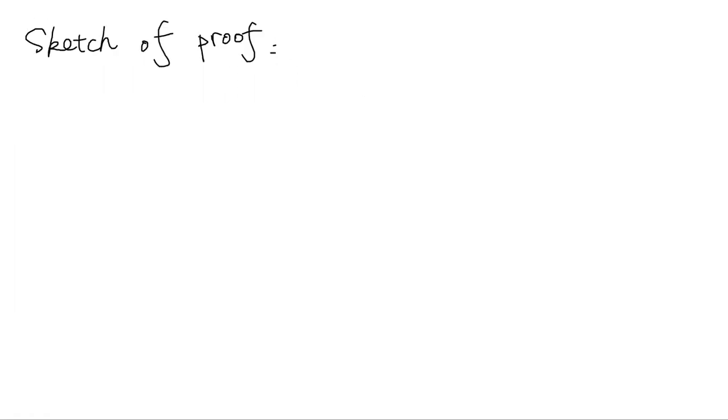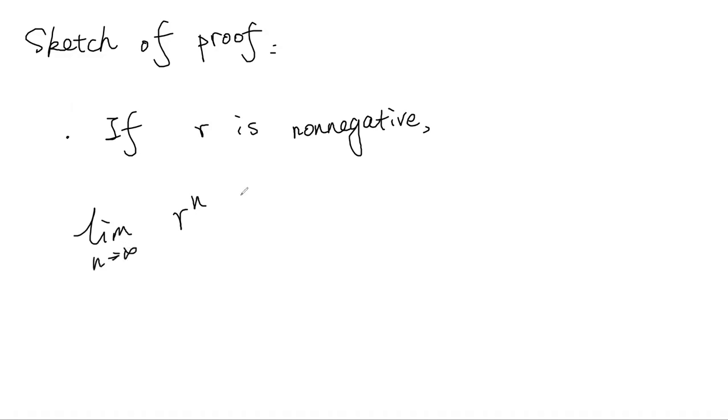So in this case, for the geometric sequence, when the absolute value of r is less than 1, let's start from a non-negative r. Then the limit as n goes to infinity of r to the n is equal to 0 if r is between 0 and 1, because this corresponds to an exponential function.